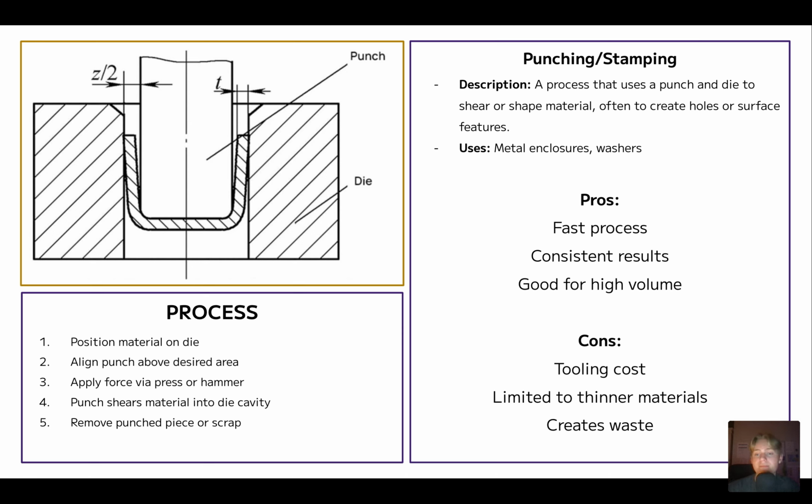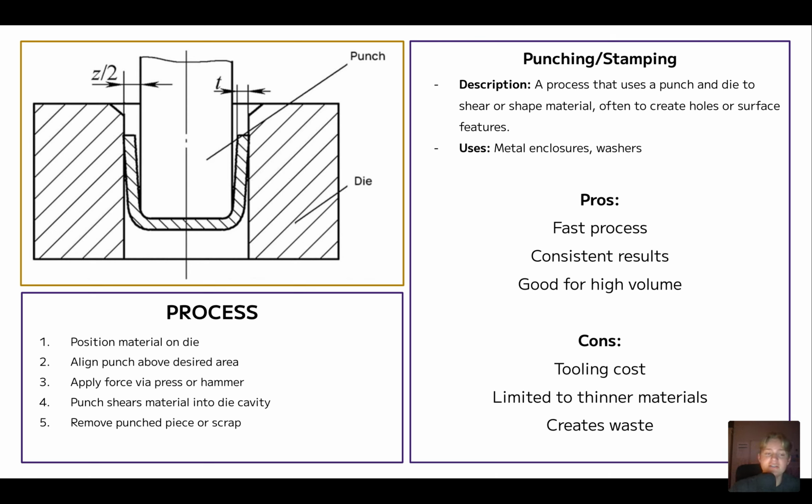Cons, however, is that it is very expensive to create that die, so that contributes to tooling cost, and also is limited to thinner materials because we're not heating it in any way, we're just pressing it down. And it also creates waste through any sort of materials that we need to remove, any excess.